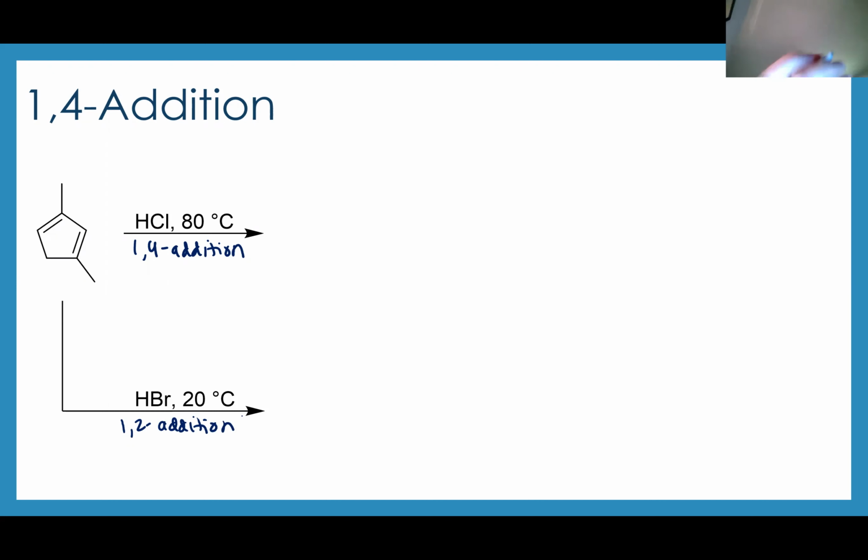It doesn't really matter how you number these. They could be numbered in either direction. How do we know which alkene to protonate? Let's call this alkene A and alkene B.